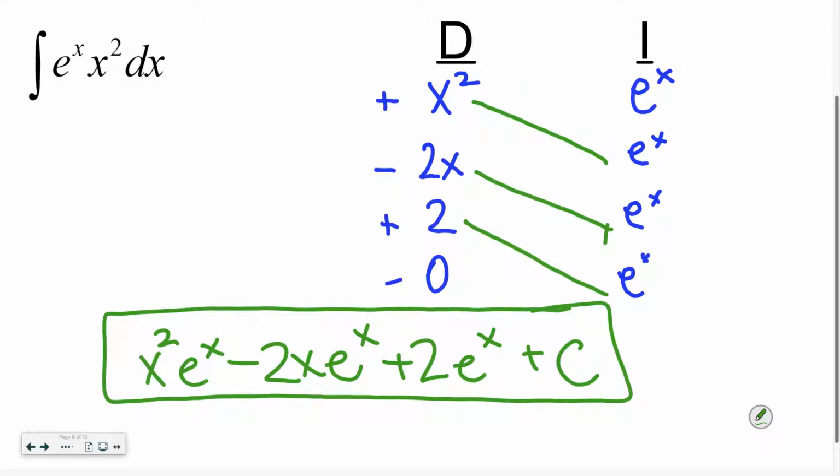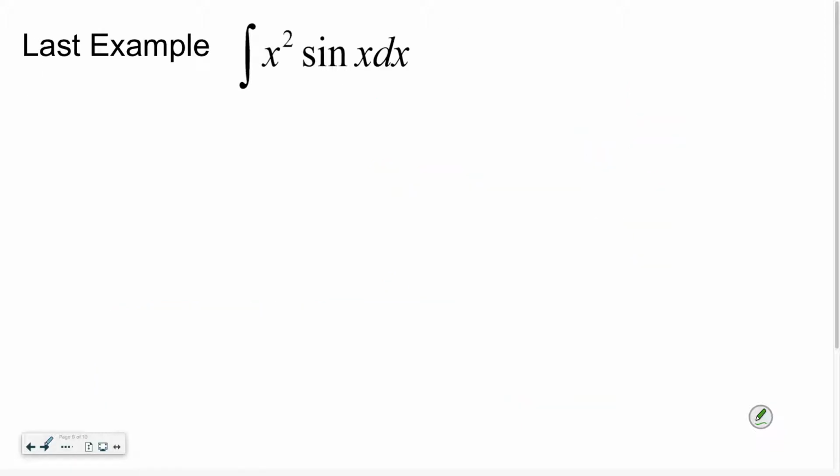Okay, let's try another one, maybe one that looks a little bit different. But I'm going to change this to x cubed. We have like 3 minutes. Okay, so is this a candidate for integration by parts?